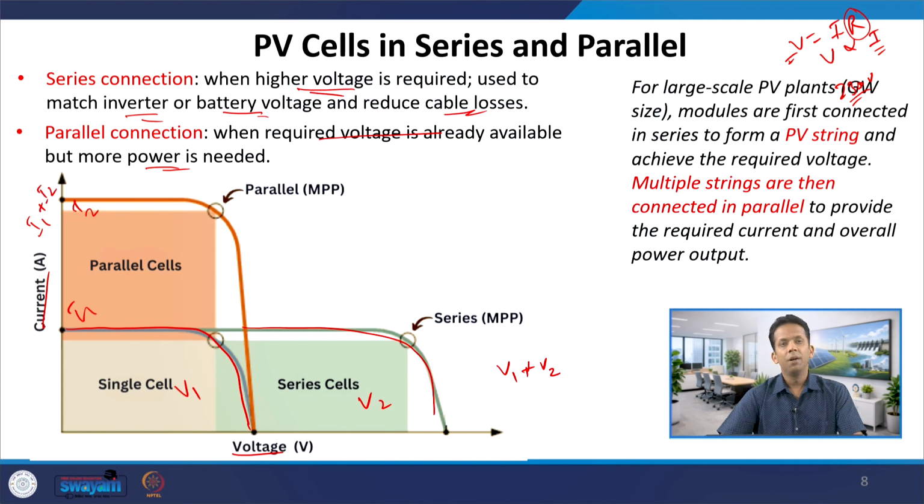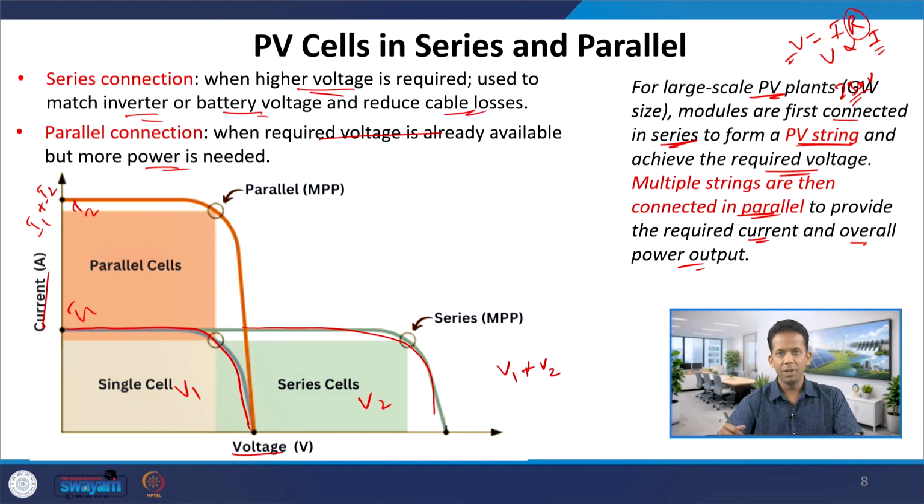But in large scale PV plants, we do not have only series connection or parallel connection, but a combination of those. So what happens in large PV plants, first all the solar PV modules are connected in series to form a PV string. So a PV string is a series connected module, and then once the required voltage is achieved, multiple such strings can be connected in parallel to provide the required current and overall required power output.